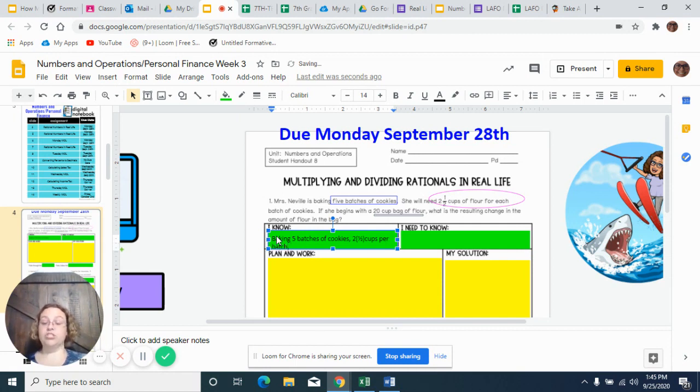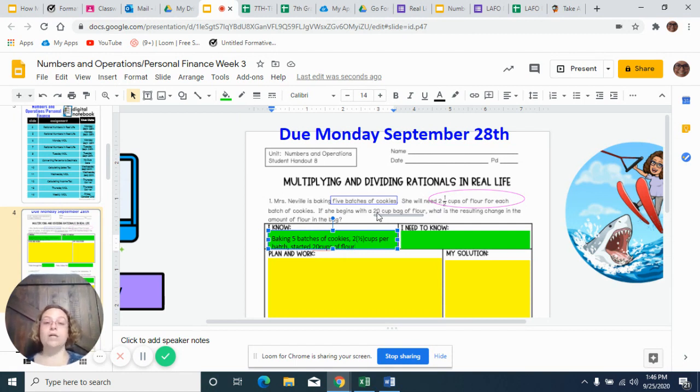And I know that I started with 20 cups of flour. Okay, so that's what I know. I know I'm baking 5 batches of cookies. I need 2½ cups of flour per batch. And I started with 20 cups of flour.